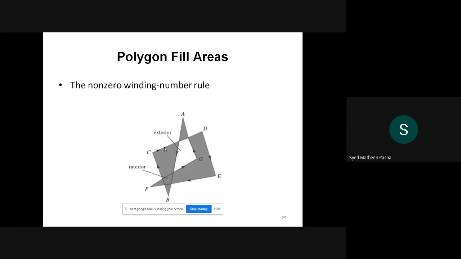Once you draw the line and check, if there is some intersection between the line drawn and other parts of the object, I will add 1 to the winding number. After adding 1, if the winding number is non-zero, then P is considered an interior part. Otherwise, P is considered an exterior part.